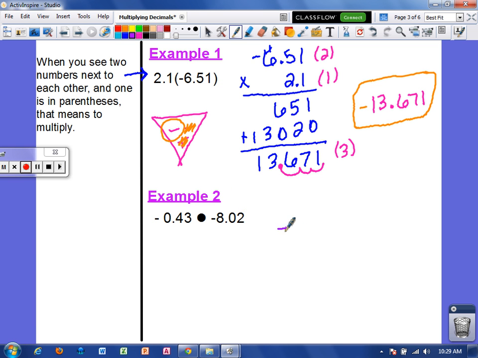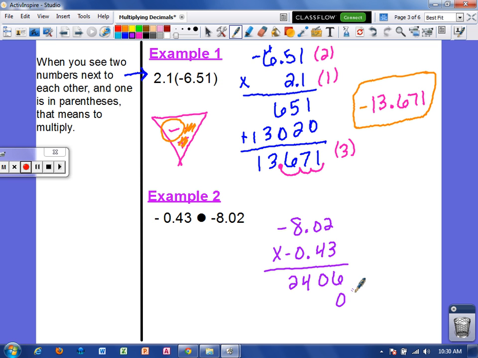So that would be negative 8.02 times negative 0.43. And again, notice how everything's lined up on the right. Now I'm going to multiply like normal. So 2 times 3 is 6, 0 times 3 is 0, and 8 times 3 is 24.